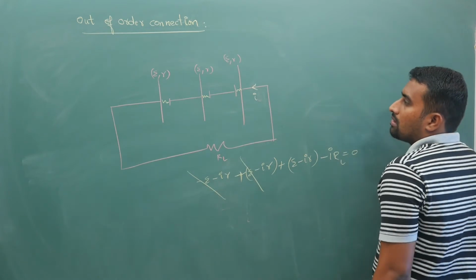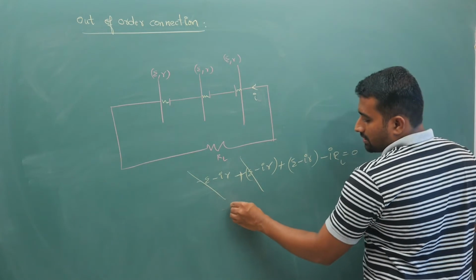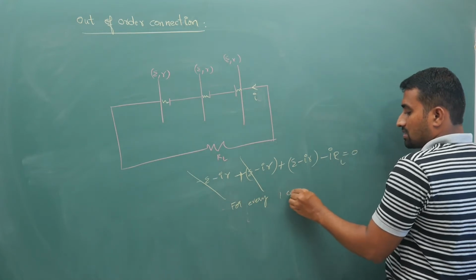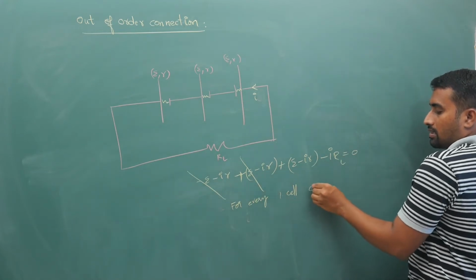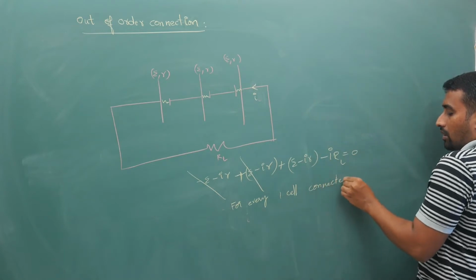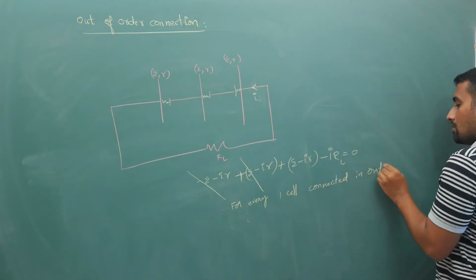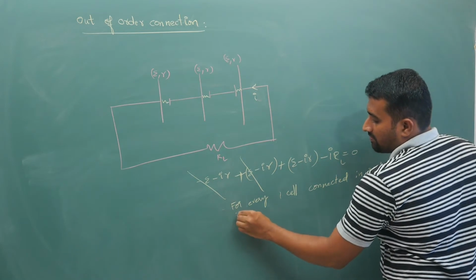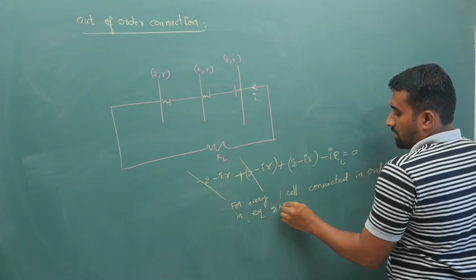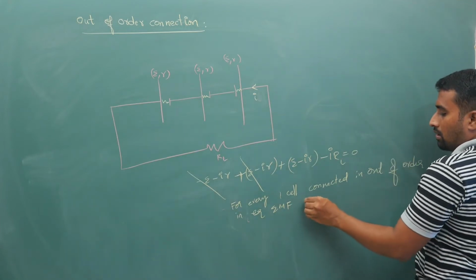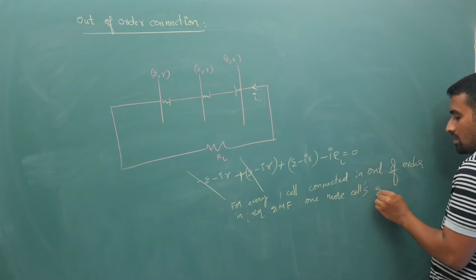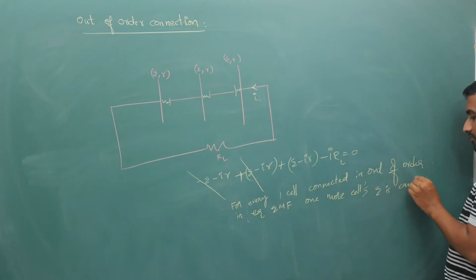That means for every one cell connected out of order, in the equivalent EMF, one more cell's E is cancelling off.